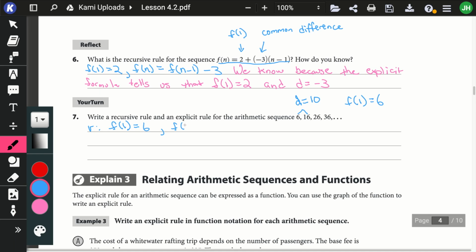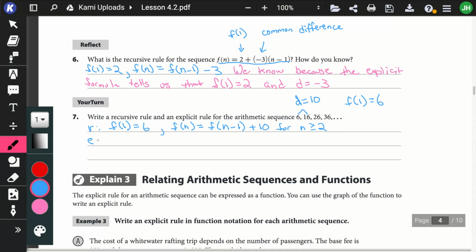F of n equals f of n minus 1 plus 10 for n is greater than or equal to 2. For all values where n is greater than or equal to 2.